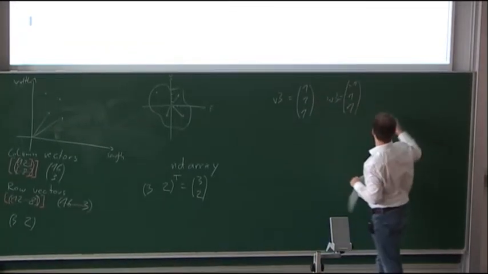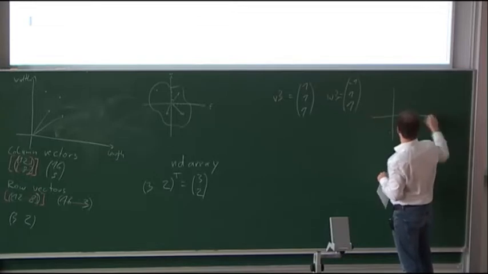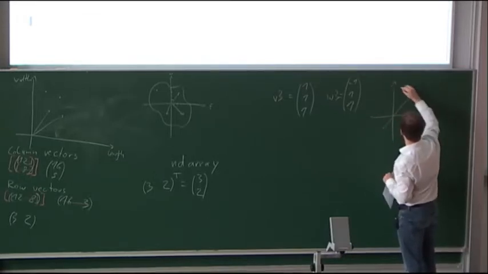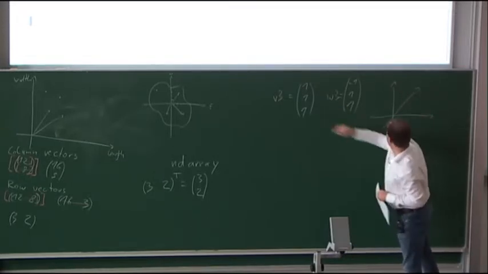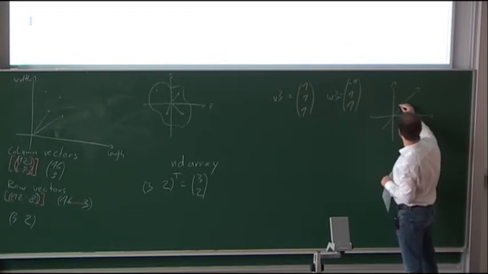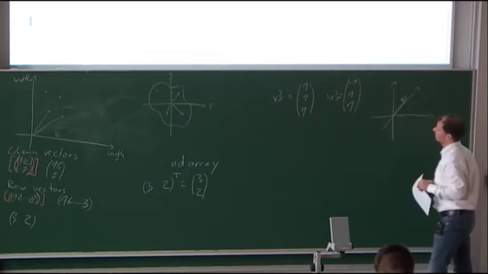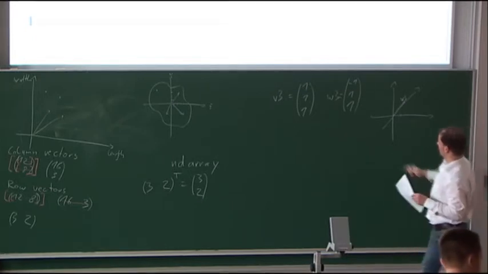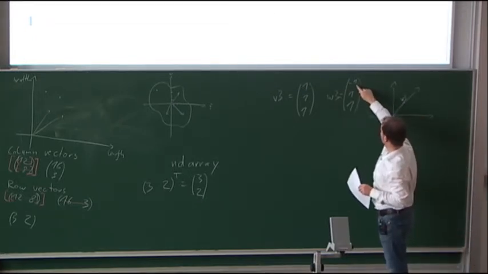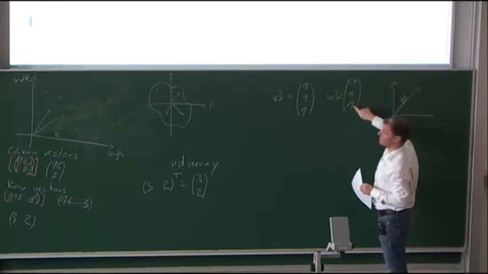And these both are now vectors in three-dimensional space. So this vector is 1 to the right, 1 up, and 1 to the back. So it will be kind of this, v3. And w3 will be 1 to the left, 1 up, and 1 back.